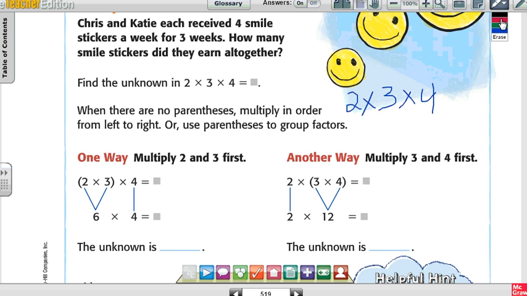And it looks like one way is to multiply 2 times 3 first. So 2 times 3 is 6. And then 6 times 4 is 24. Very nice. Another way is to put the parentheses around 3 times 4 first.